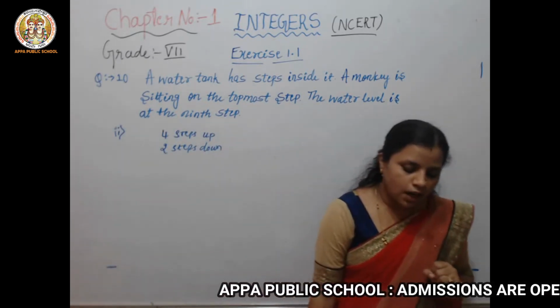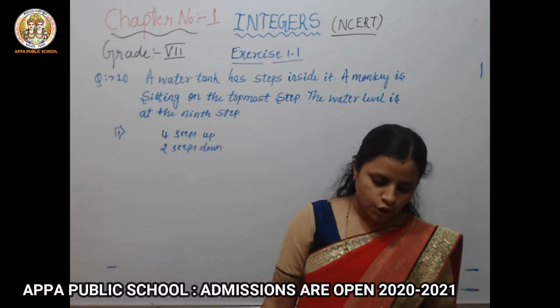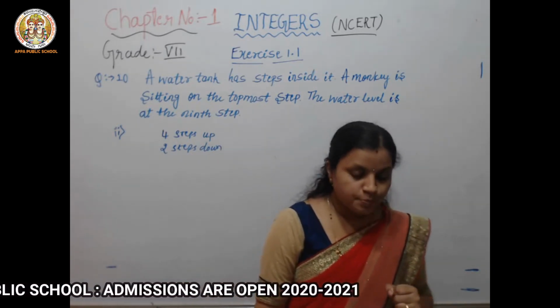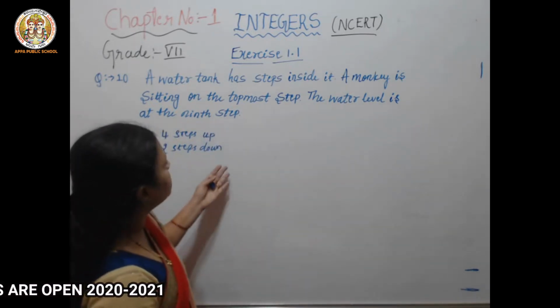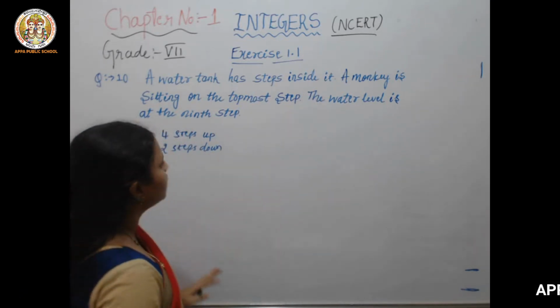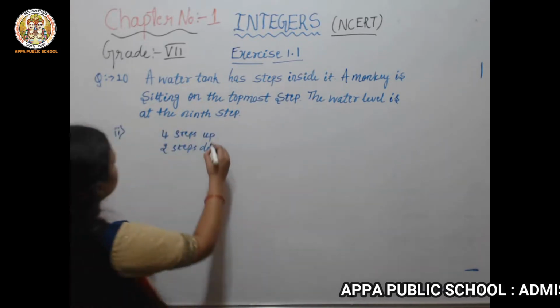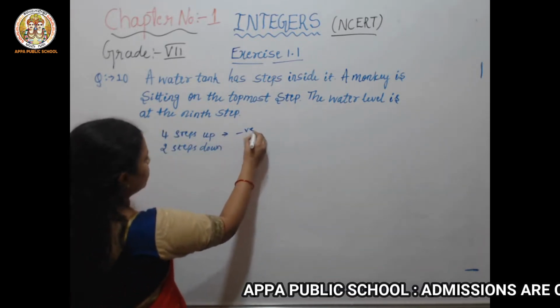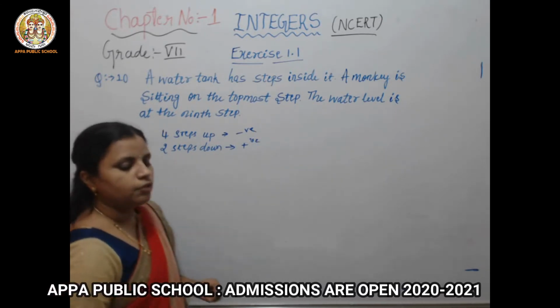In how many jumps will he reach back the top step? So, by how many jumps does the monkey reach the topmost level? This is the question. And here also we should take steps up as negative and steps down as positive. With this background we will solve.